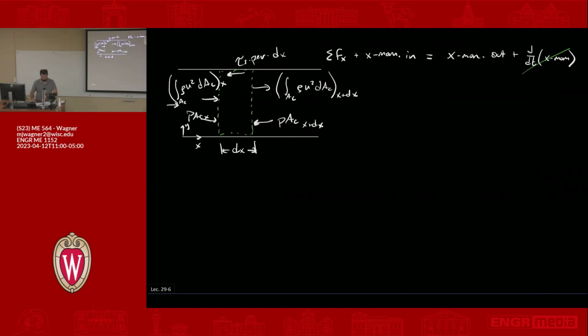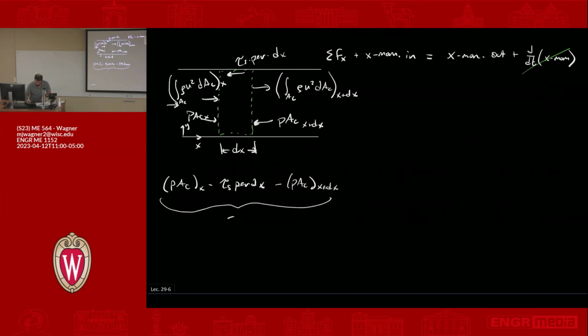Let's write this out and get to the point where we can do analysis with it. Pressure A c at x minus tau s perimeter dx minus pressure A c at x plus dx. By the way, these terms are all forces in x. Plus the area integral over A c of rho u squared d A c at x.